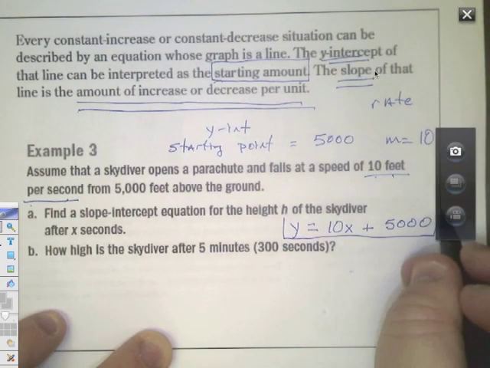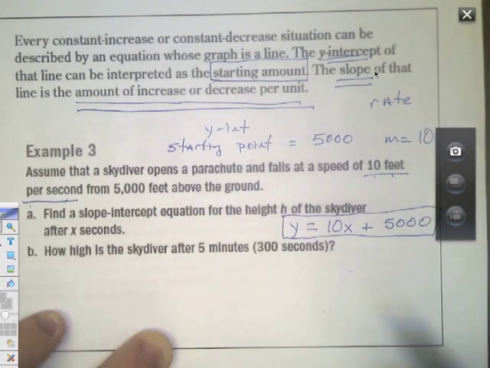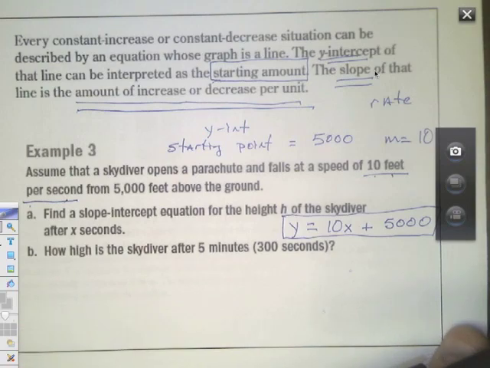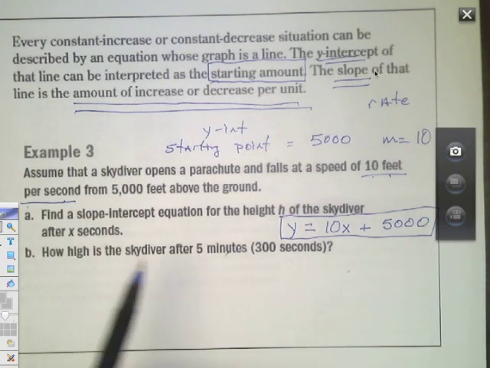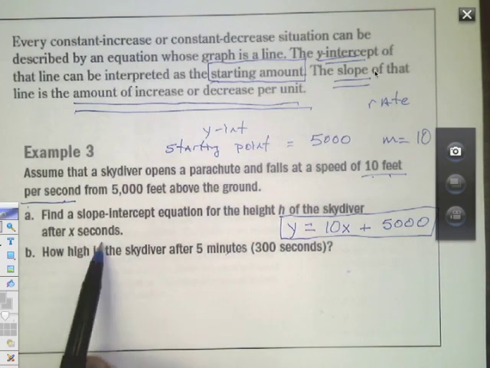He's above ground, so it's plus 5,000 feet. There's my equation for this example here.